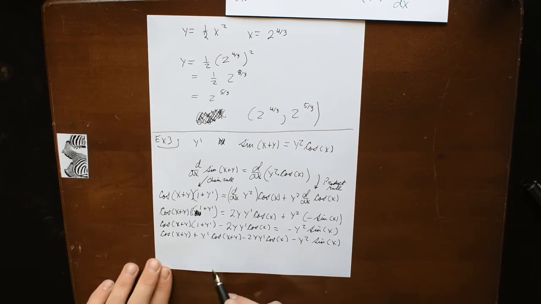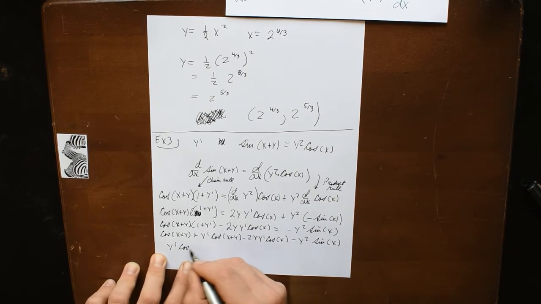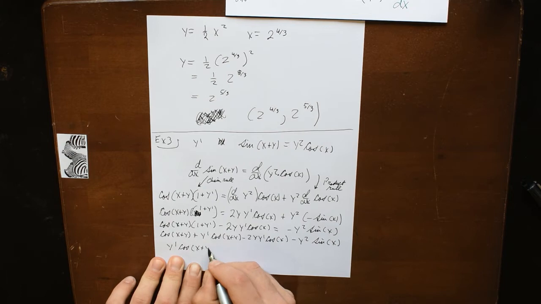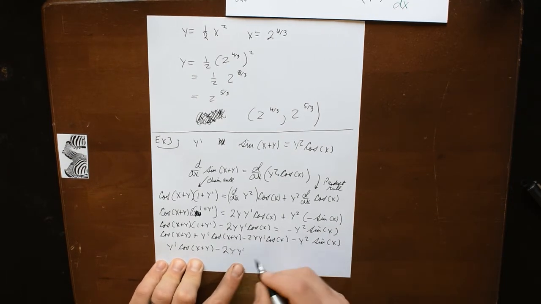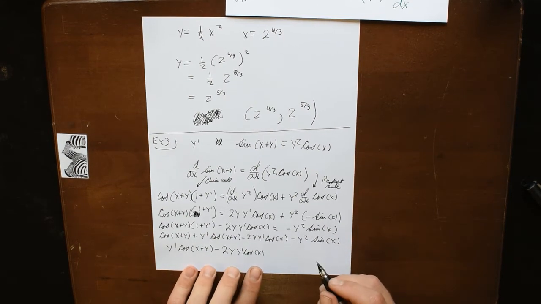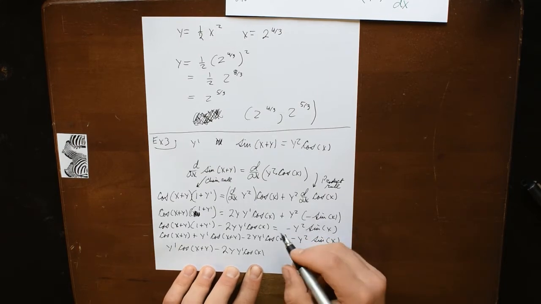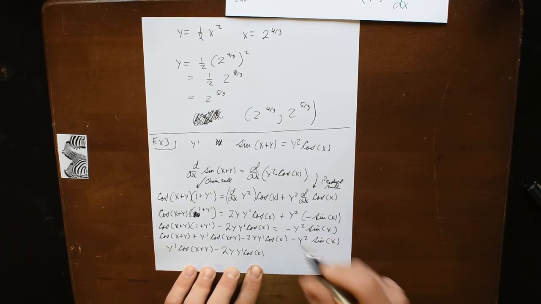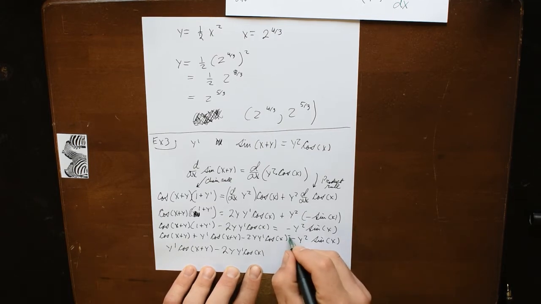Oh, on the final step on this page, I'm going to move this cosine to the right-hand side to get a y prime times a cosine of x plus y minus 2y prime times a cosine of x. And I forgot to write my equal sign going between these two lines, so I'm going to put my equal sign, do it in a different color, right here.